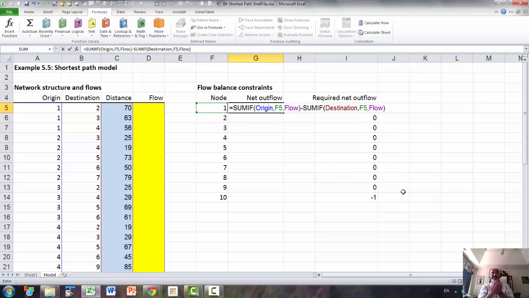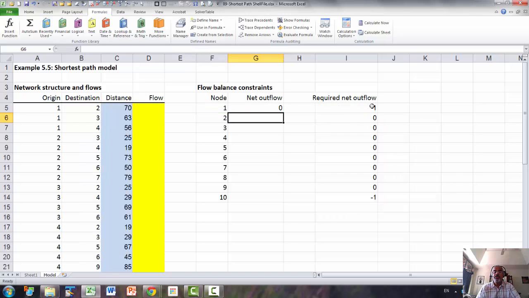So this will be the net outflow. What is going out minus what is coming in will give you the net outflow, which should be 1 for the first origin node, -1 for the destination node, and everything in between should be 0. So set that equal, and we copy that.